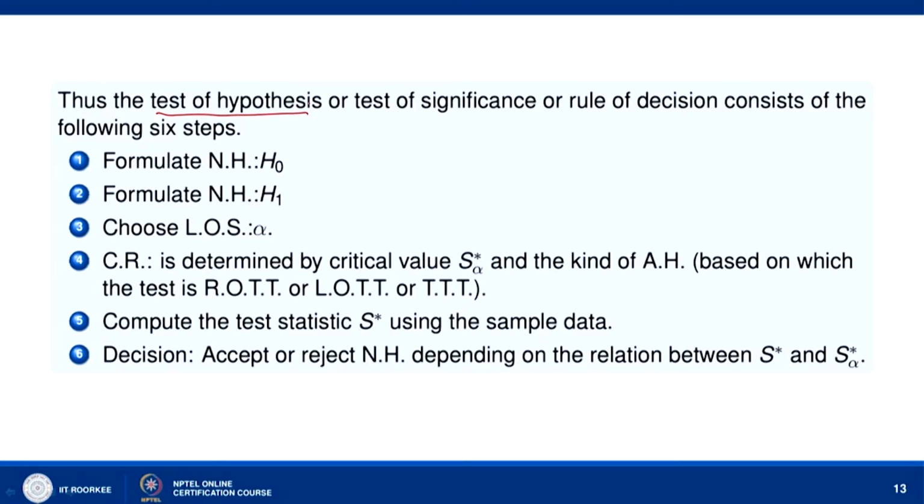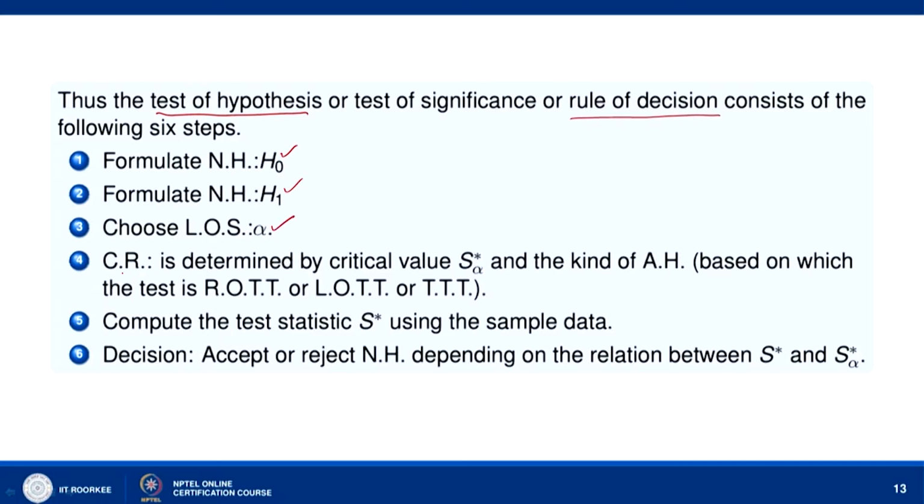The test of hypothesis, or test of significance, or rule of decision, consists of six steps. We first formulate the null hypothesis H naught, then the alternative hypothesis H1. Then we choose the level of significance alpha.